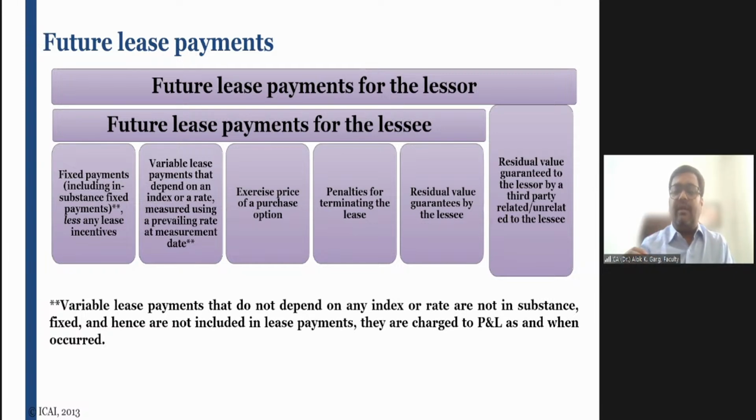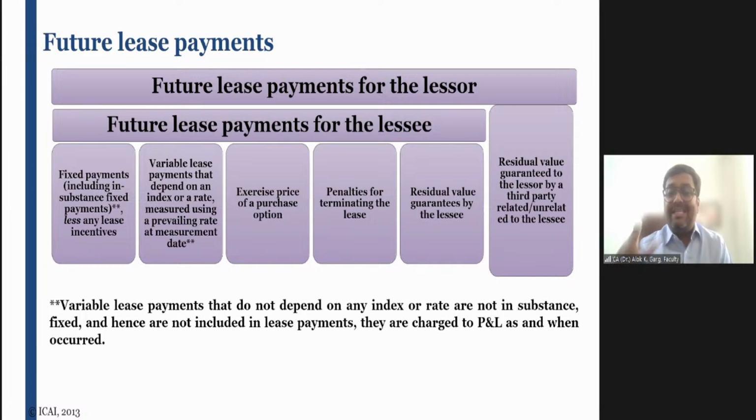If the lessee earns a revenue of 5 lakh rupees, he has to pay 2% of 5 lakh rupees to the lessor in addition to the fixed 1 lakh rupees. So 1 lakh rupees is a fixed payment plus 10,000 rupees a variable payment, right?